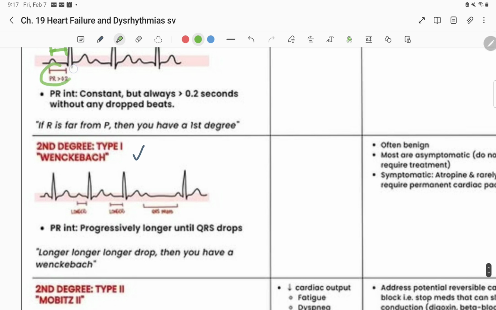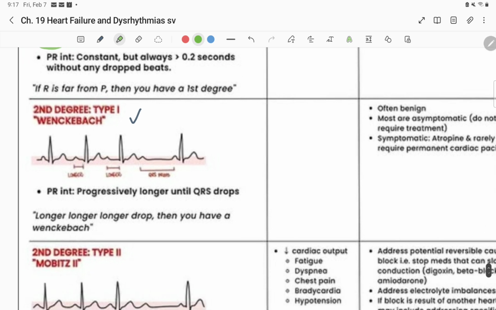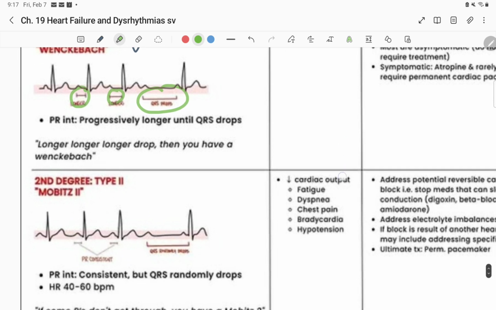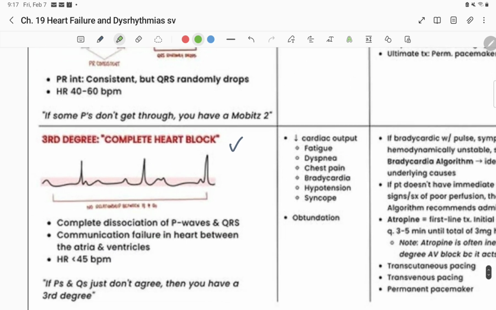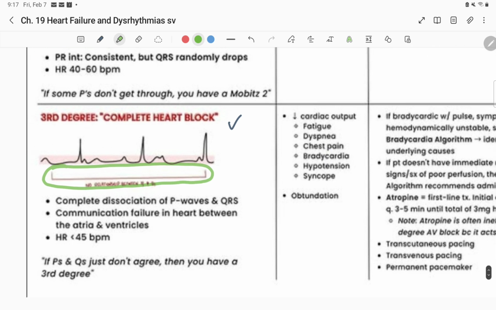Okay, it has a certain length in second degree. There's different lengths that are picked up. And then in a third degree, there's a complete dislocation of the P waves.